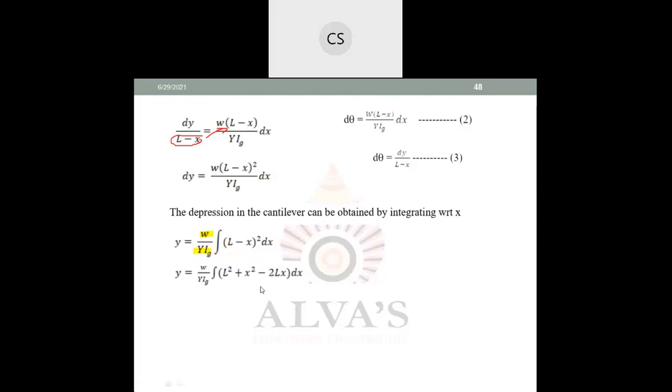So on integrating, what do you get? The constant remains as such.